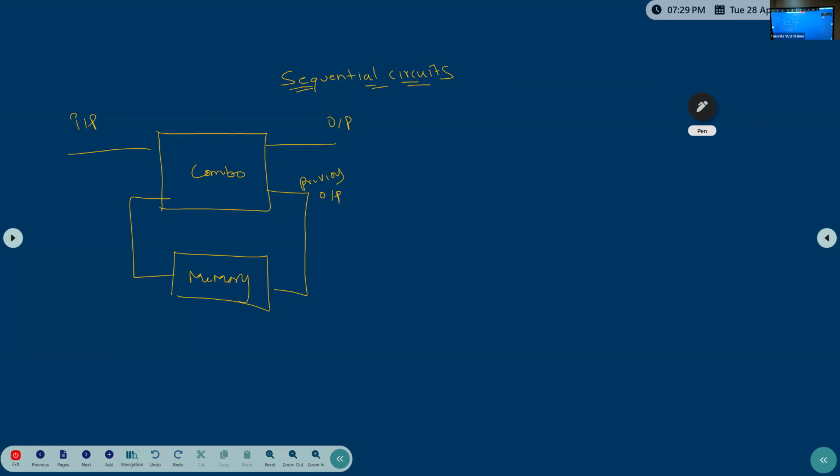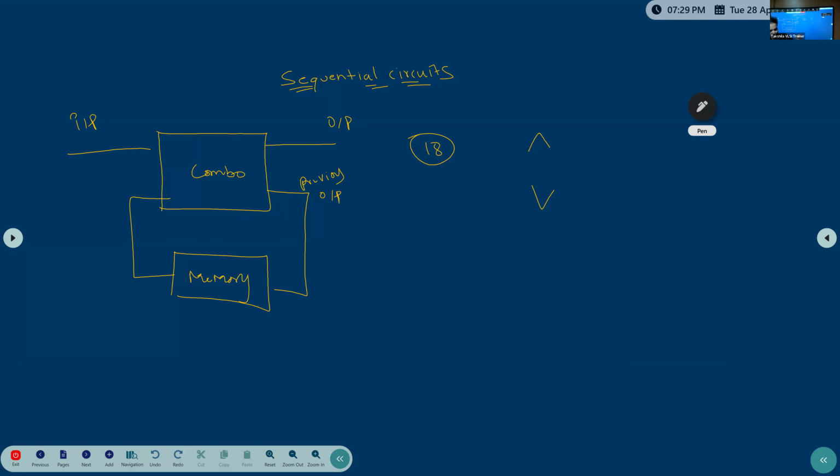The best example I can give: if you have an AC and a remote, you set the temperature to 18. Now you have an up arrow and a down arrow, right? If you press the up arrow, the temperature will increase from 18.